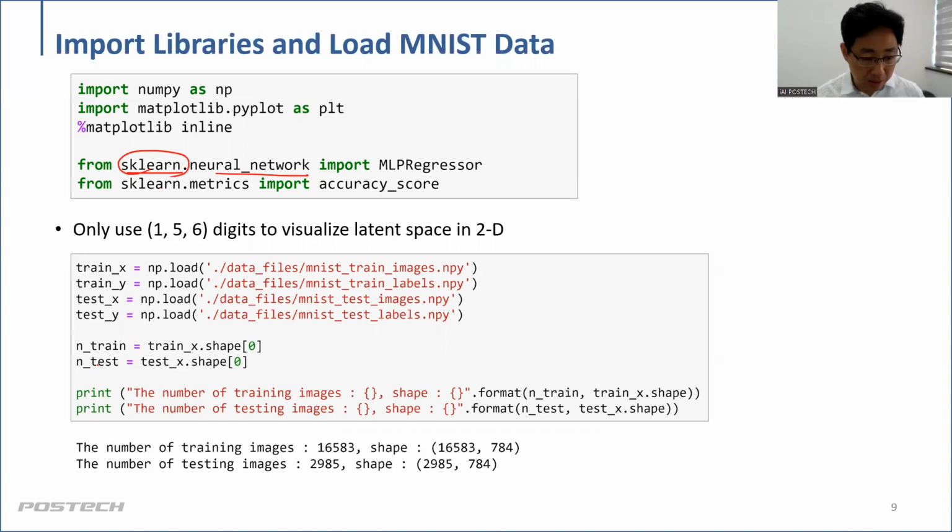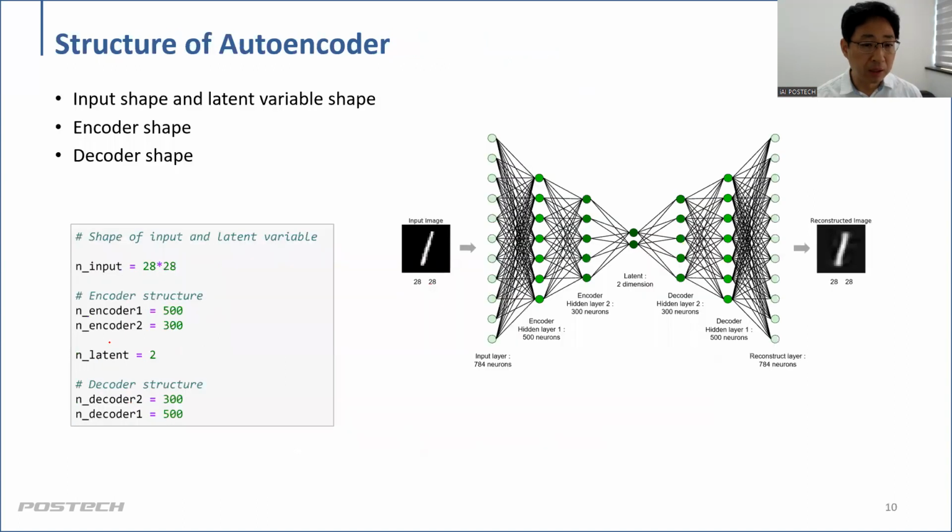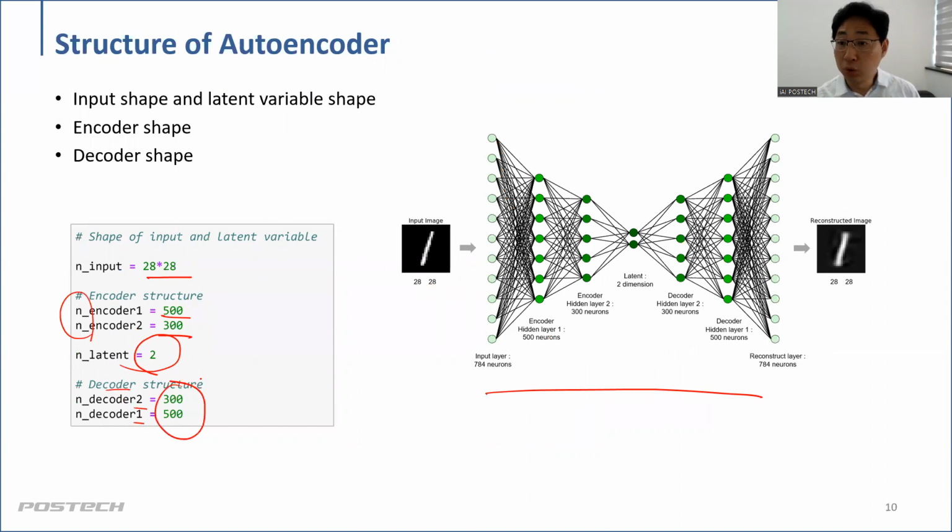And these are the training data set that we have in the latent space. I designed the structure like that: the input size, encoder 1 and encoder 2 numbers of neurons, the latent space with only 2, and the decoder with 2 and 1, these being the numbers of neurons.